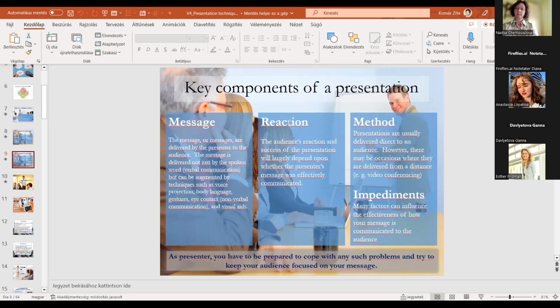You need to pay attention to the reactions of the audience as well. I would say if you're a beginner presenter, that might be hard, because you're focusing on the topic, you're focusing on yourself, like how you're behaving, and you have no more energy to pay attention and to react to the reactions of the audience.